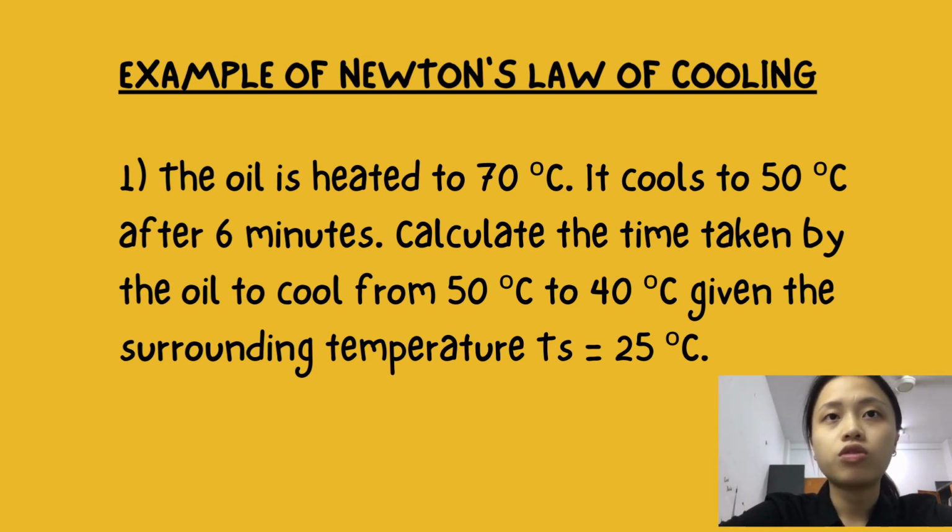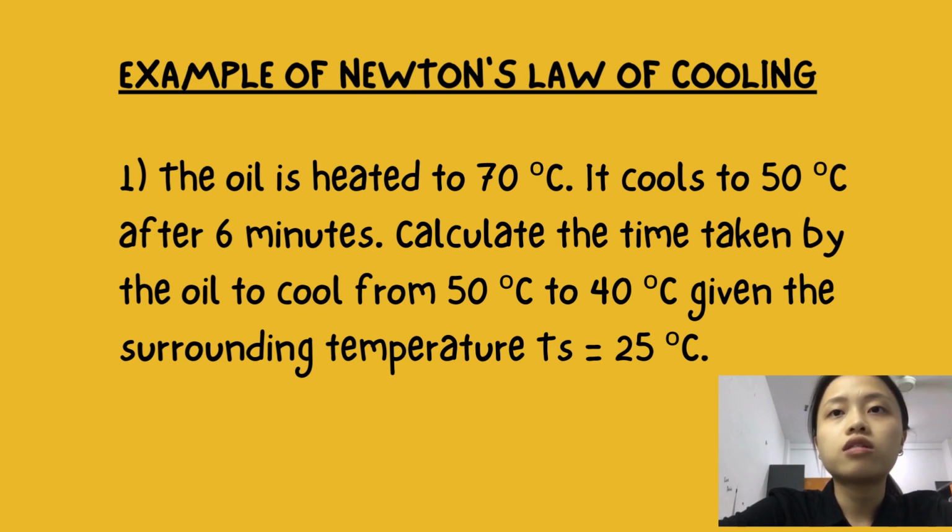Next, I will continue with an example of Newton's law of cooling. So for question 1, the oil is heated to 70 degrees Celsius and it cools to 50 degrees Celsius after 6 minutes.